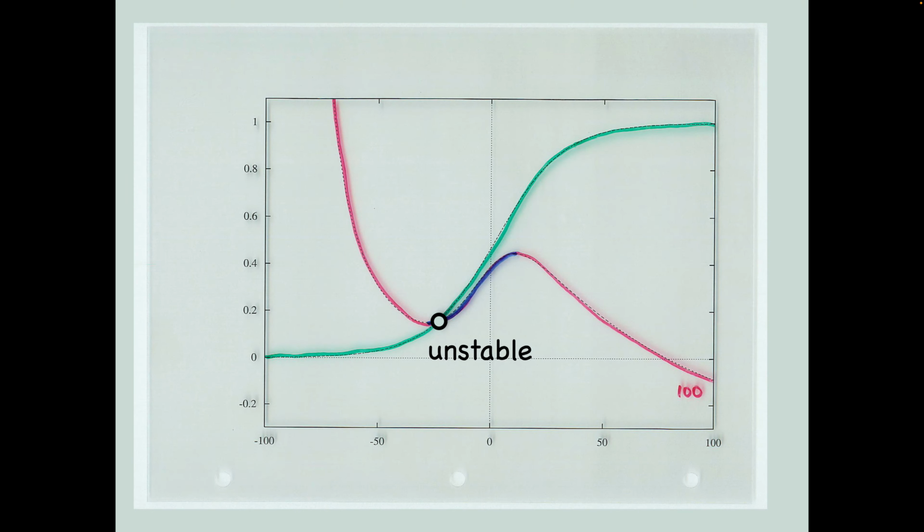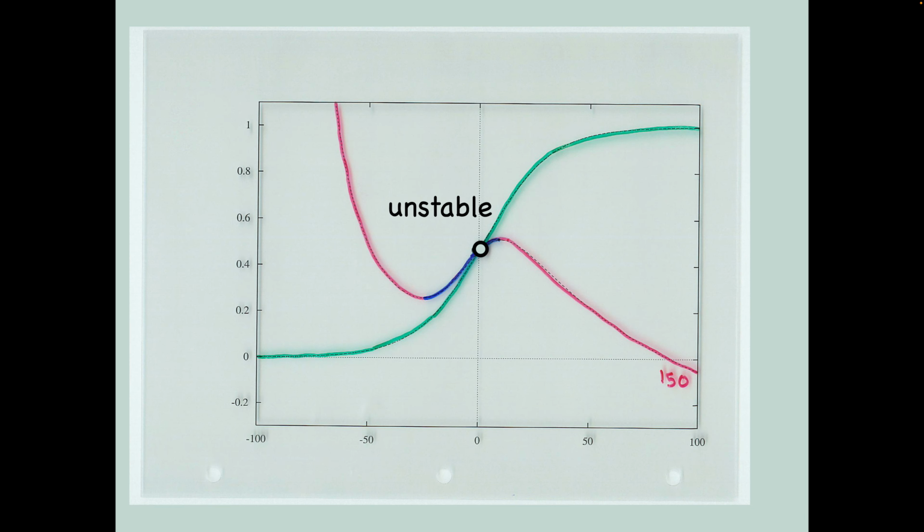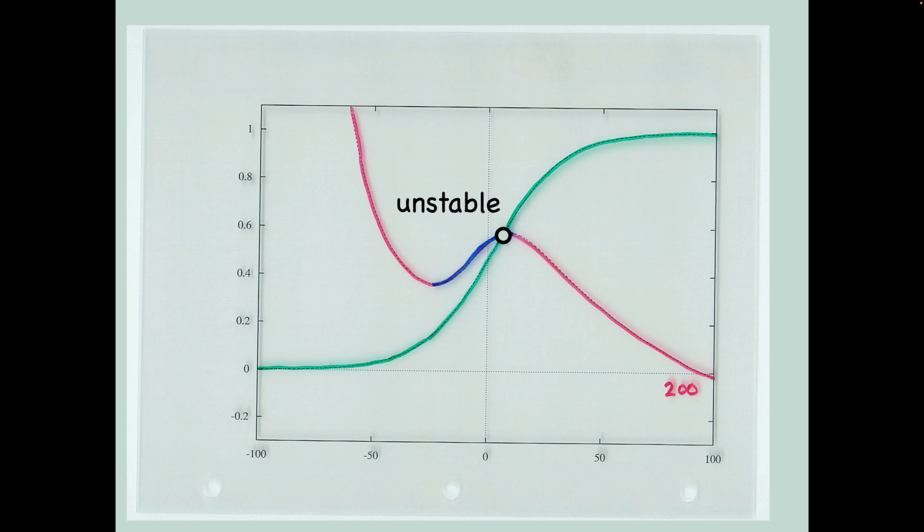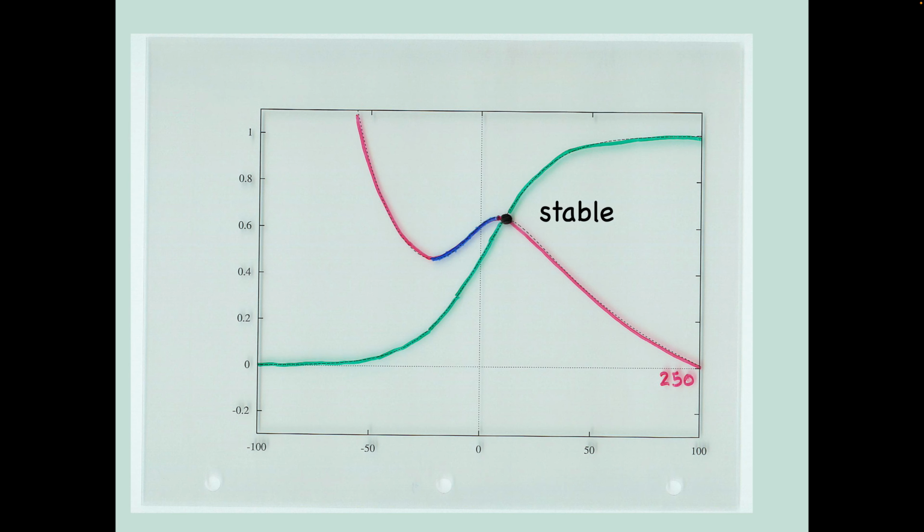So it's unstable now because the intersection is happening between the two knees. Still unstable because the intersection is happening between the two knees. And now the intersection is happening just to the right of this second knee, and therefore the steady state is stable again.